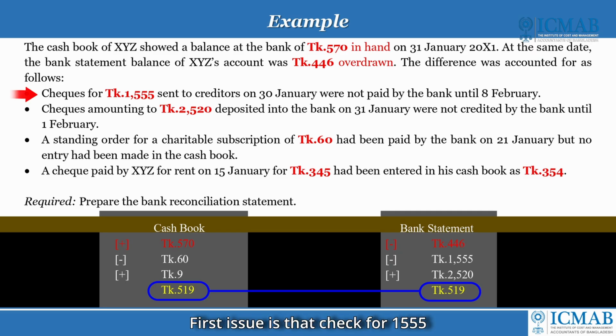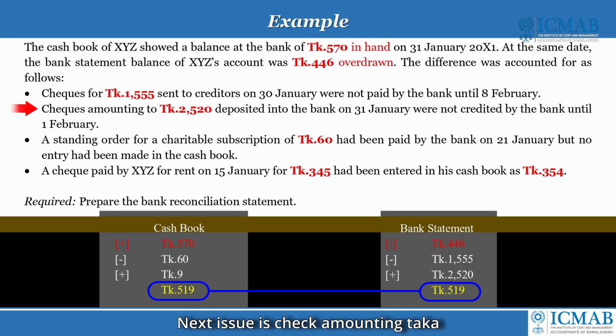First issue is that check for 1,555 sent to creditors on 30 January were not paid by the bank until 8 February. That means we have deducted the balance from the cash book, but the amount has not been paid by the bank yet. So we have to deduct this amount from the bank statement of our balances.